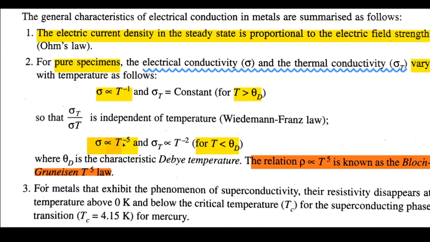It is observed empirically that the electrical conductivity follows a T to the power minus 5 behavior, whereas the thermal conductivity follows T to the power minus 2.